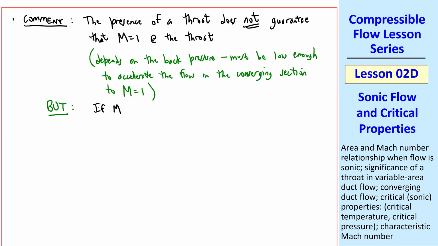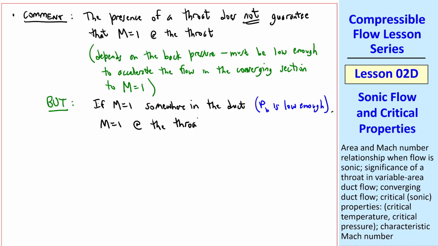But if M equals 1 somewhere in the duct, in other words, if we have a low enough back pressure to produce M equal 1, then we can say that M equals 1 at the throat. By the way, this is true if we have only a converging duct or a converging-diverging duct.